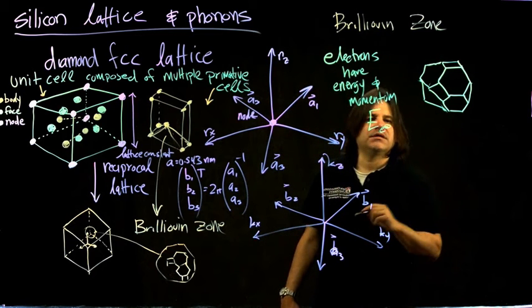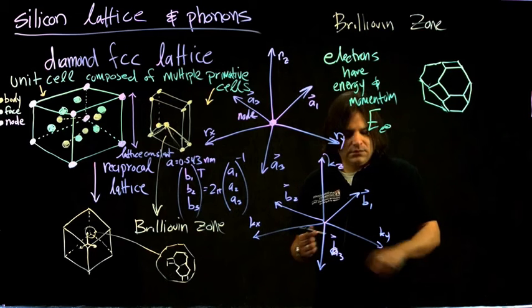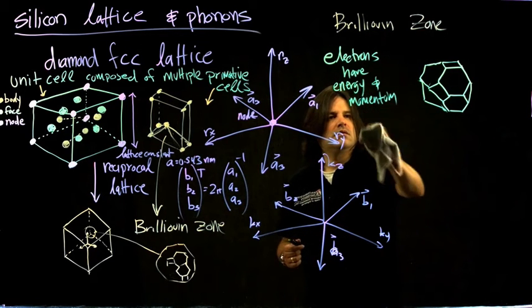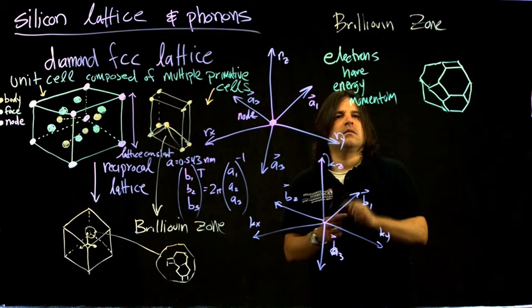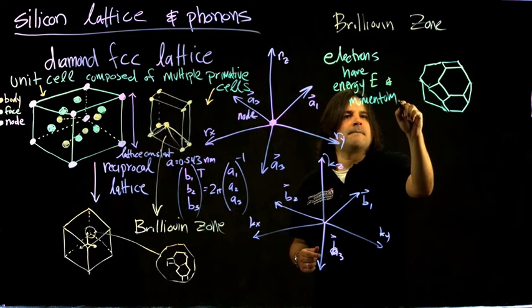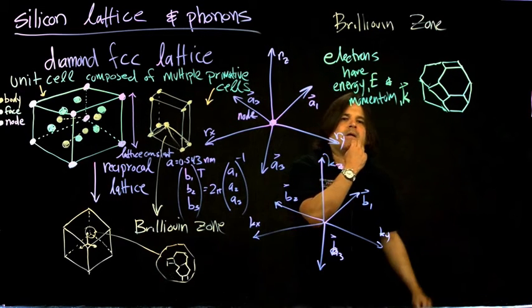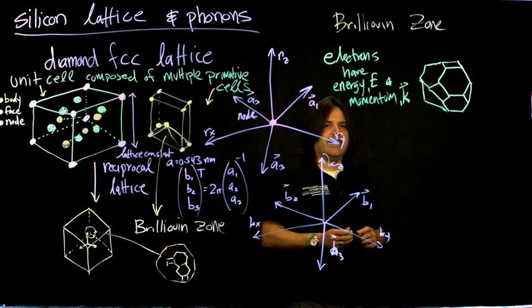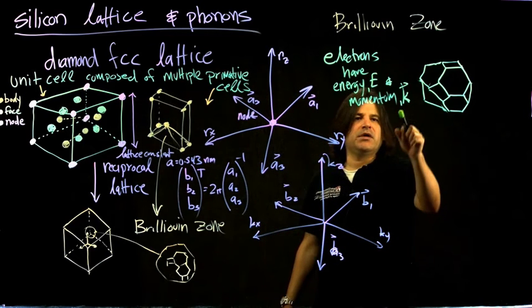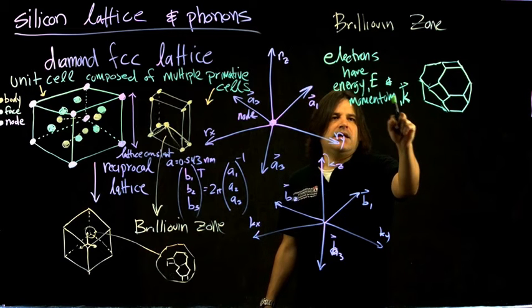And the momentum is called K. I'll draw it. So the momentum, K, I'll call it K roughly, but it's really the wave vector of the momentum, and it has a certain energy.